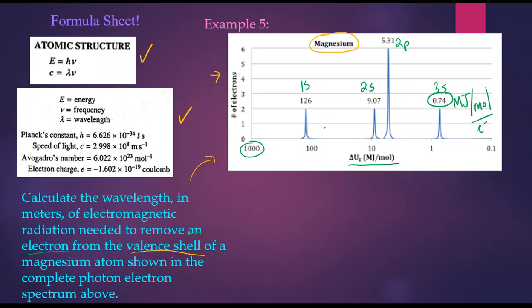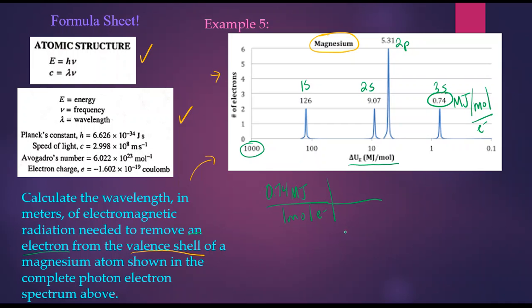So I have to do a conversion here because I have 0.74 megajoules per 1 mole of electrons. Well, I need only one electron. Either one you can convert first, it doesn't really matter.